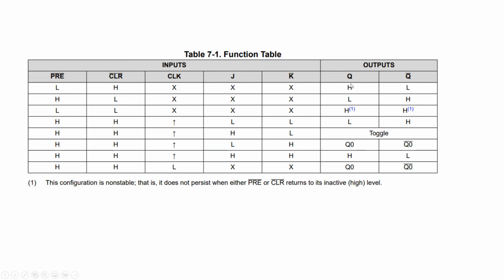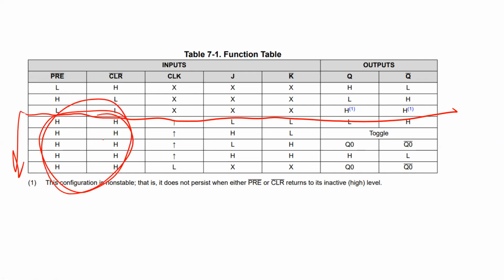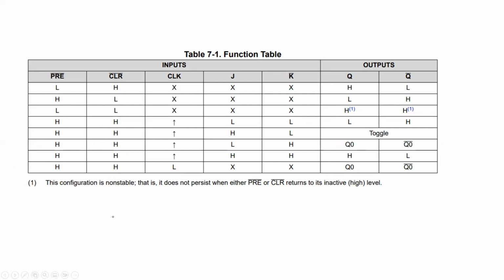Now this part here is the normal operation. As you see here, high and high for preset and clear, so there is no preset and there is no clear. This is the normal operation we had before. However, keep in mind, K is flipped.